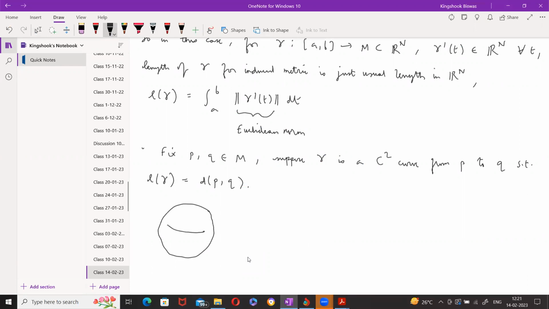Then what I can do is I can take any one parameter family of curves keeping the endpoints fixed.